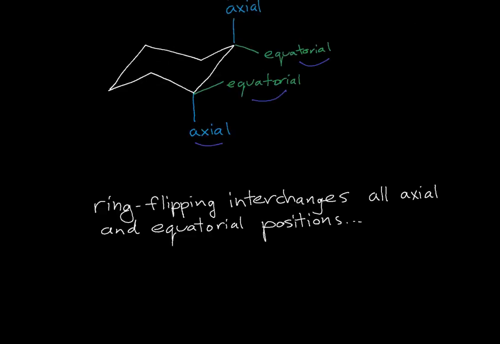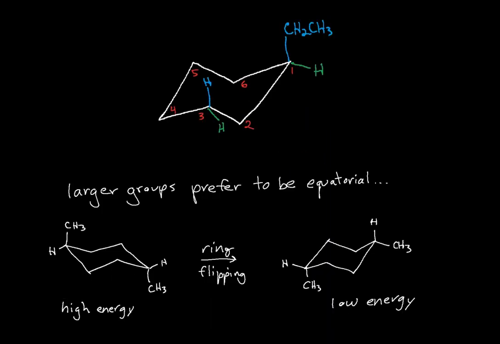Okay, so the larger a substituent is, so maybe looking at an ethyl group here in the axial position, it will start to experience an interaction with other substituents that are axial.